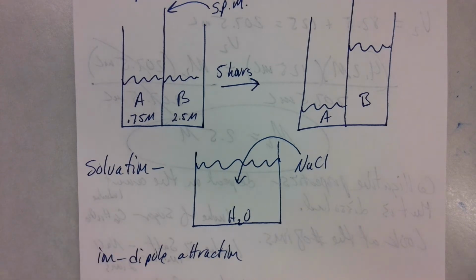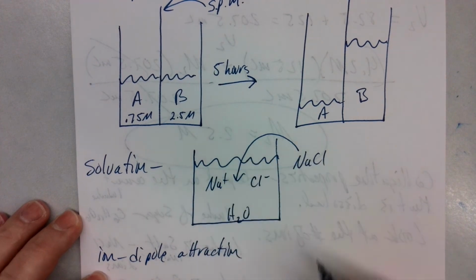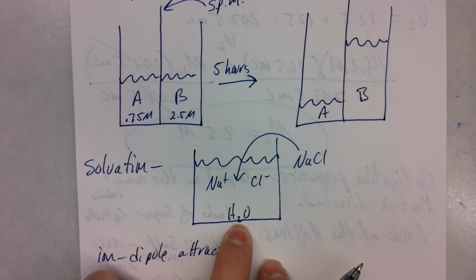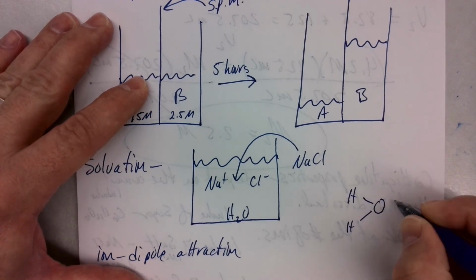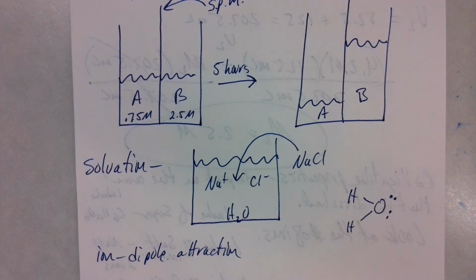What happens is the Na positive and the Cl negative are ions, right? Well, water is what kind of molecule? It's a polar molecule, right? So if you think about it, it's going to look something like this. Doesn't water look something like that, kind of bent? Tetrahedral, lone pairs, bent.